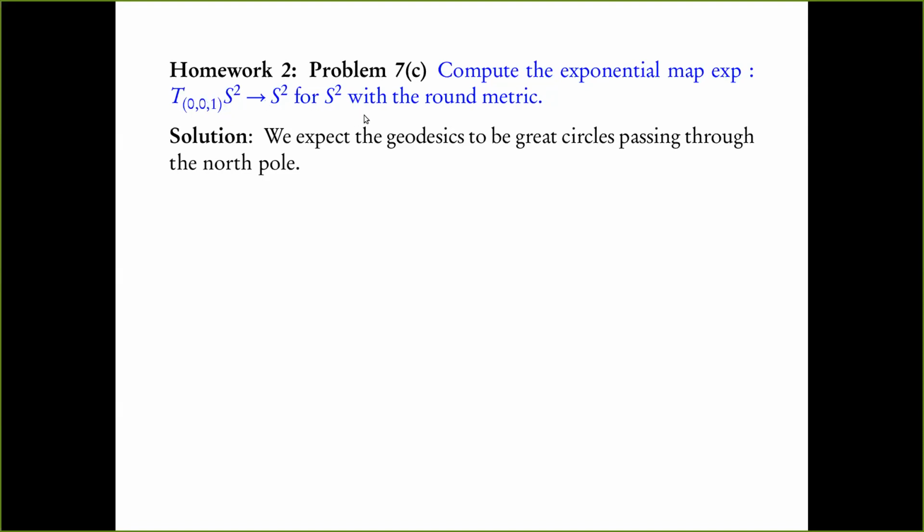So the exponential map should take a tangent vector at (0, 0, 1) and take a geodesic, which will now be a great circle with that tangent vector as the initial velocity, and it's initialized at (0, 0, 1). So it's going to be a great circle which starts at (0, 0, 1) and tends to flow down to the sink, which is the South Pole, (0, 0, -1), right?